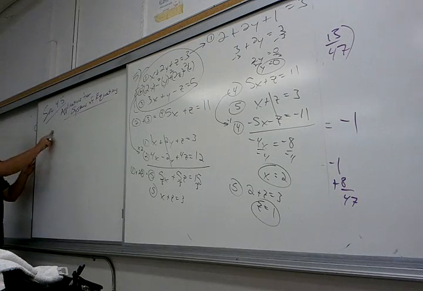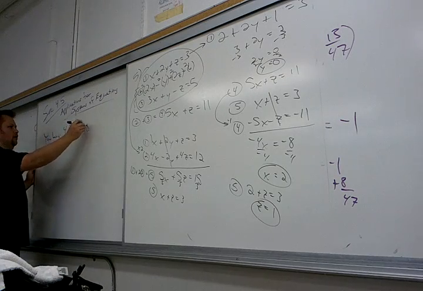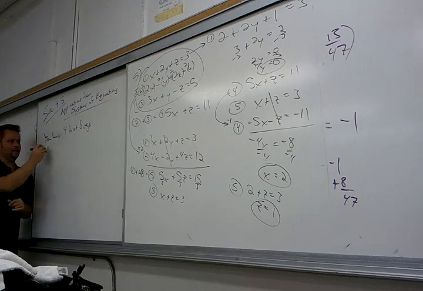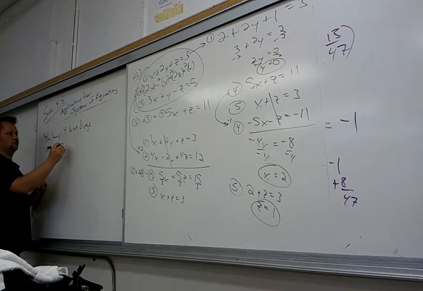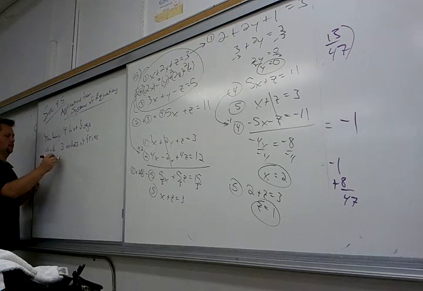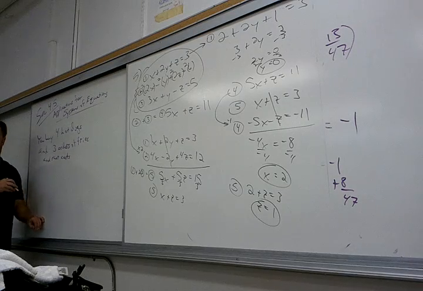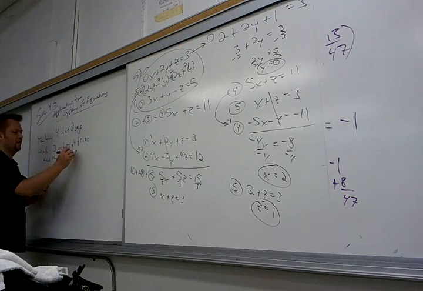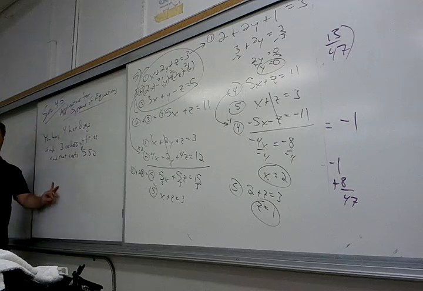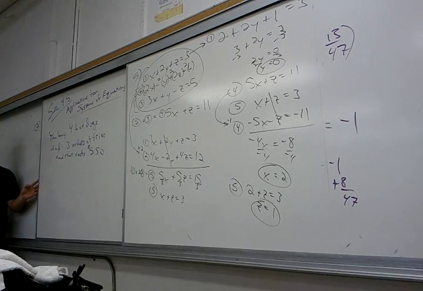Let's say you go somewhere and you buy 4 hot dogs, so you don't have to eat for the rest of the week, and 3 orders of fries, and that costs $5.50. You buy 4 hot dogs and 3 orders of fries, and that costs $5.50.